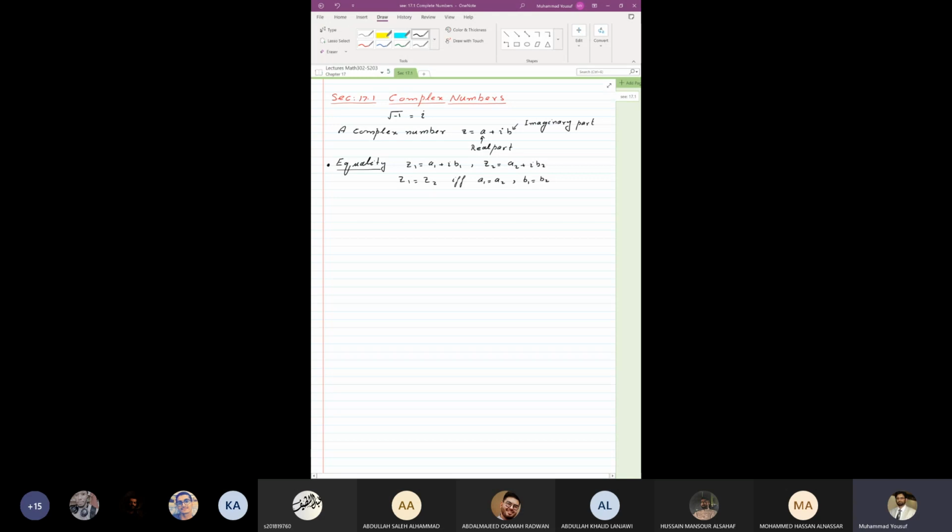Next, we have how we add complex numbers, same Z1 and Z2. We have Z1 plus Z2 with A1 plus A2, any real part with real part and imaginary part with imaginary part.